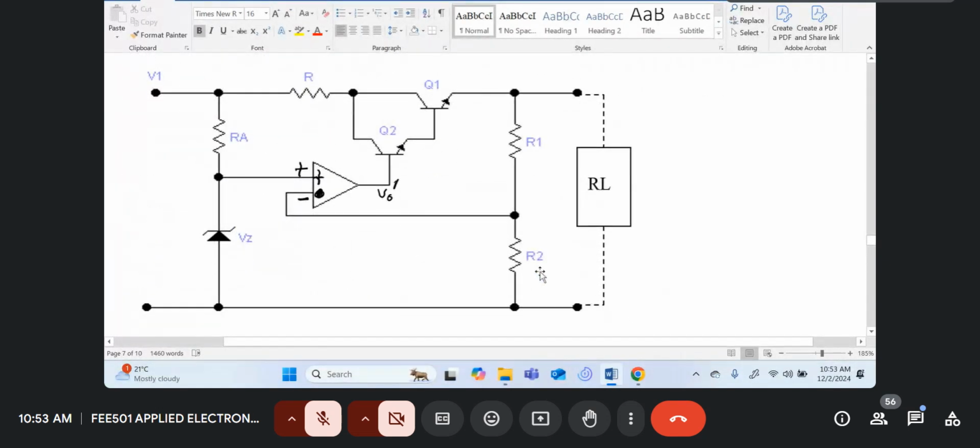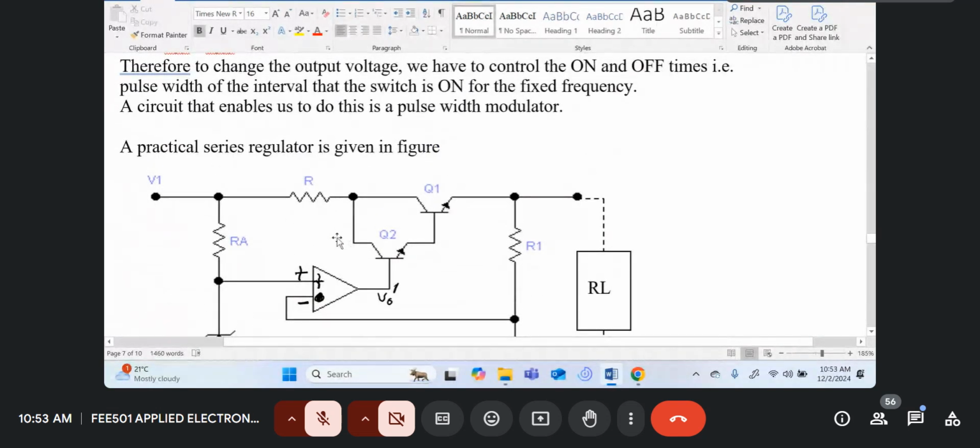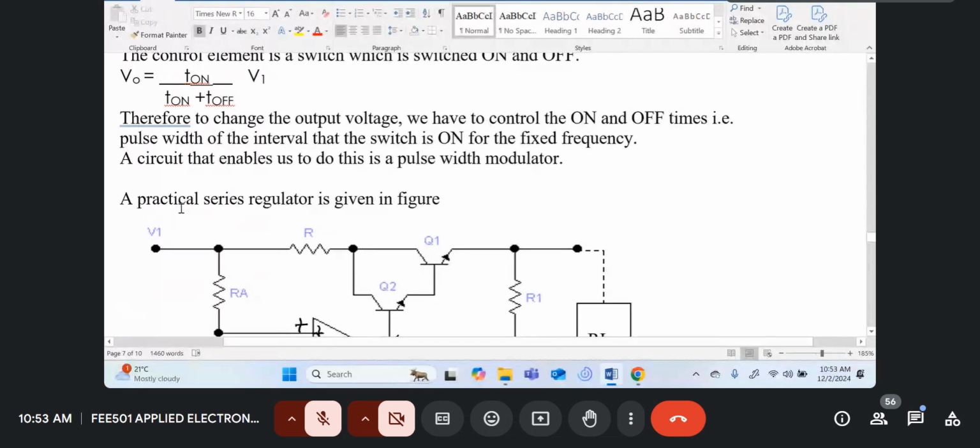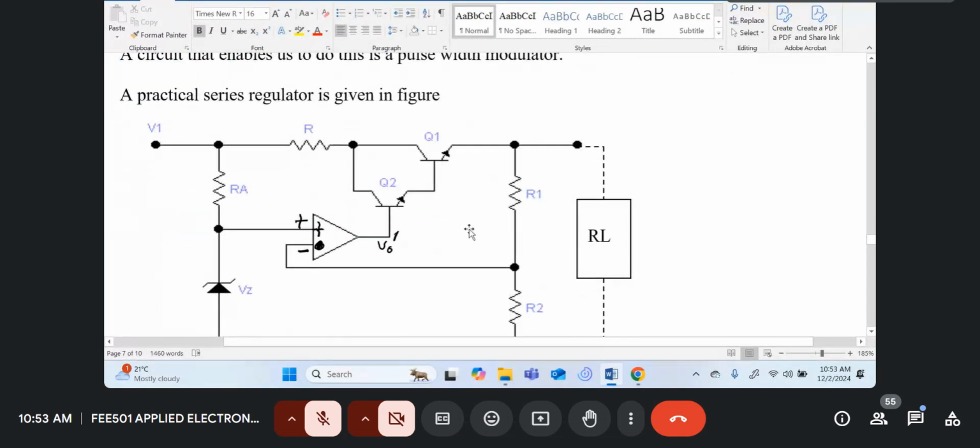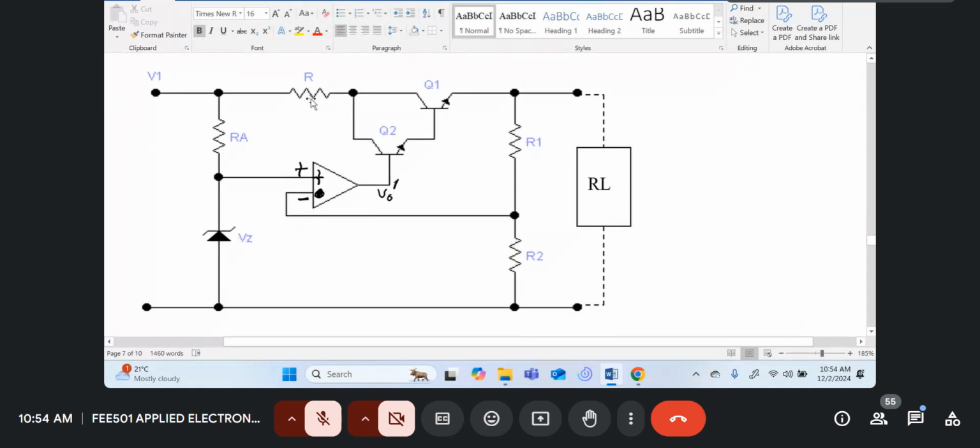But that's not all. So this is our series regulator. I'm calling it a practical series regulator. So you've got an unregulated supply V1 on the left.